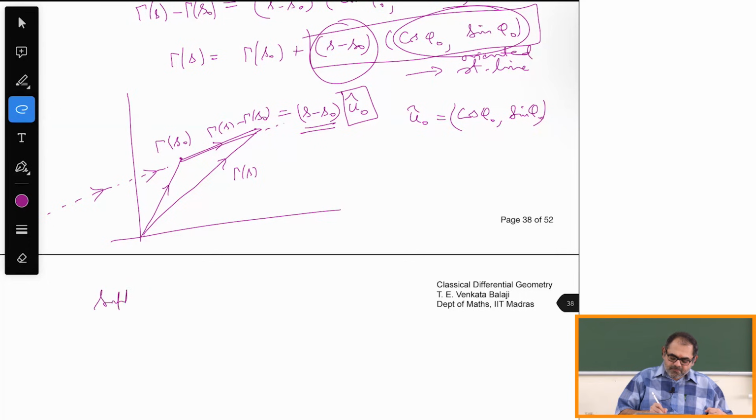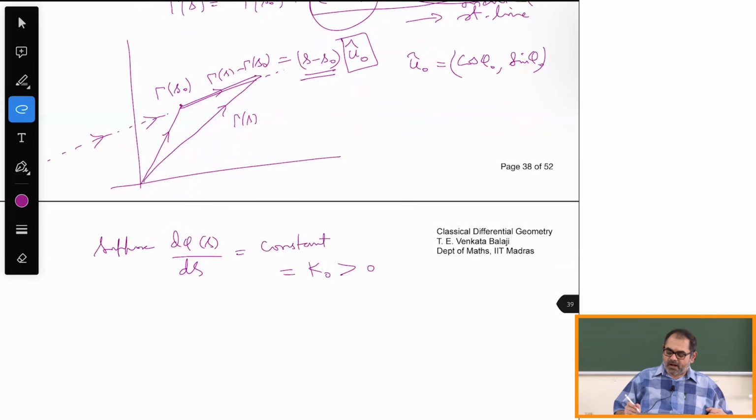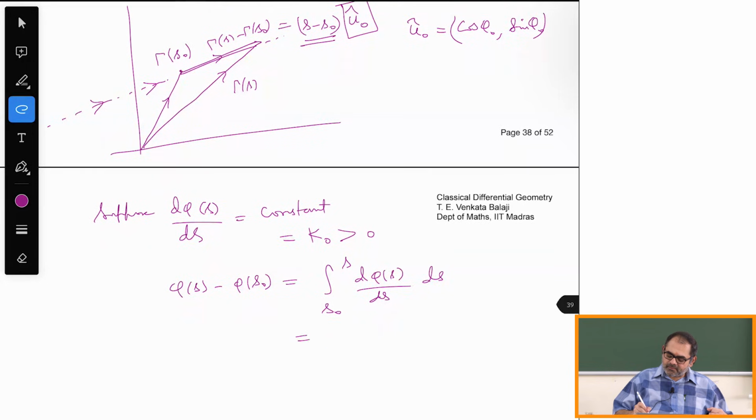So let's look at the other case. Suppose d phi(s) by ds is equal to a constant, let me say k0, and suppose it is positive. Then if you integrate, you will get phi(s) minus phi(s0) is equal to the integral from s0 to s of d phi by ds, and this is going to be k0 times (s minus s0).